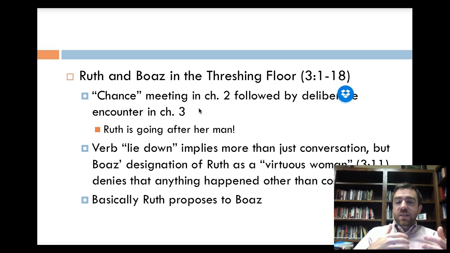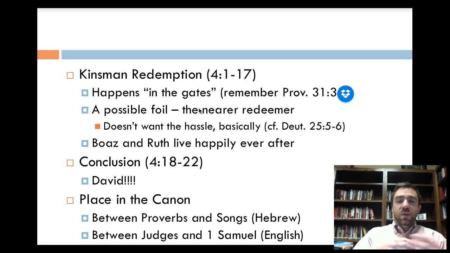And Ruth denies anything that happened, and 3:11 describes her as a virtuous woman. So it doesn't seem contextually that anything sexual happens here, but Ruth is proposing to Boaz, and so in chapter 4, Ruth is praised as a virtuous woman in the gates, and Boaz and Ruth live happily ever after.